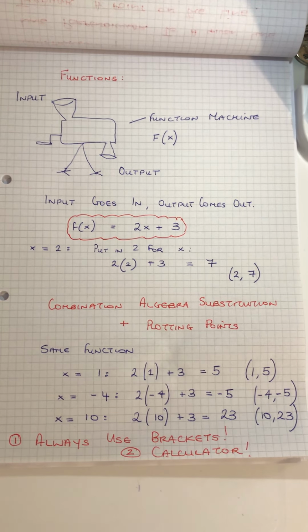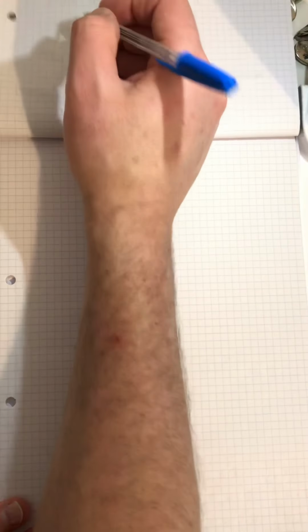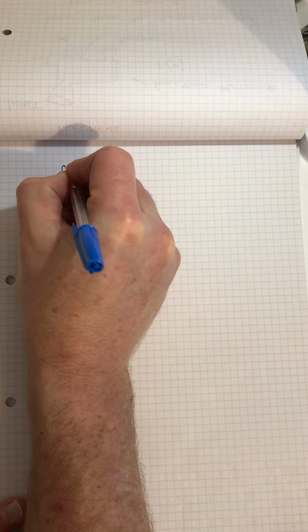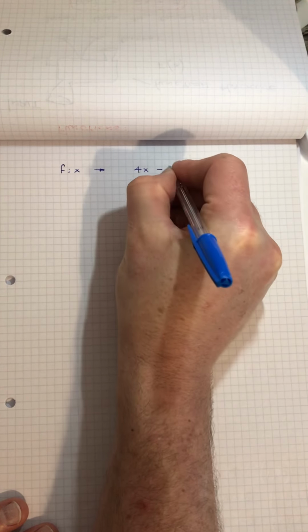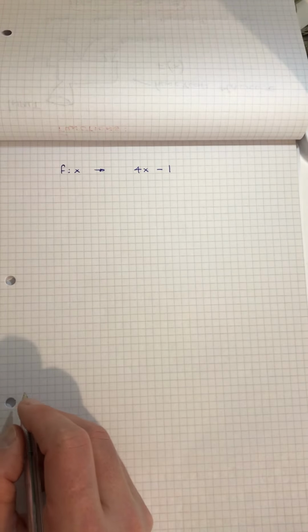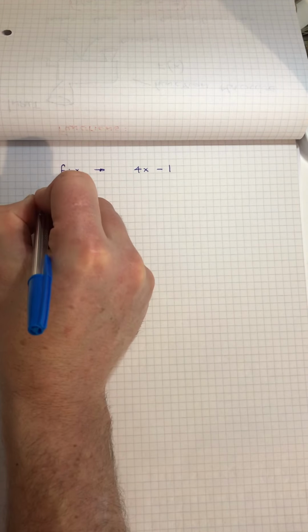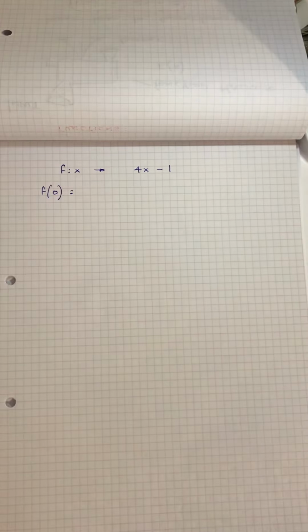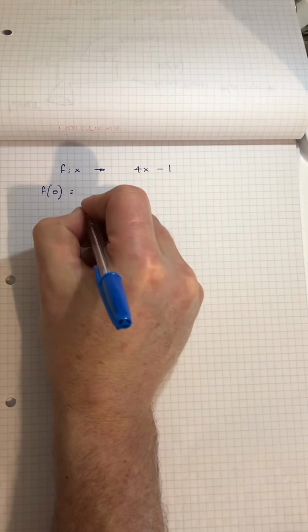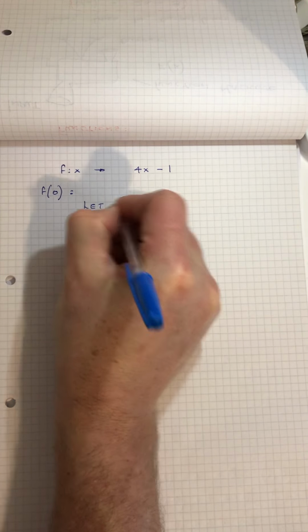Okay? Now, supposing they say f of x is equal to 4x minus 1. Okay? And then they ask you to find f of 0. Well, what we're going to do here is let x equal to 0.